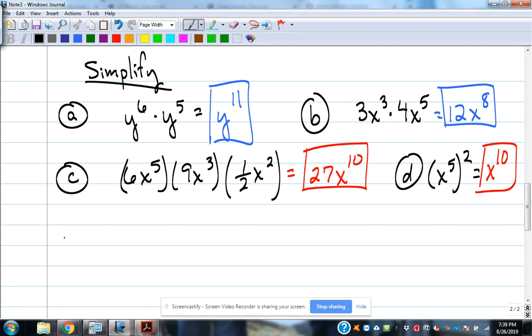Let's say we had example E: 2 to the 3rd, x to the 4th, all in parentheses, raised to the 3rd power. What should I do with the exponents?